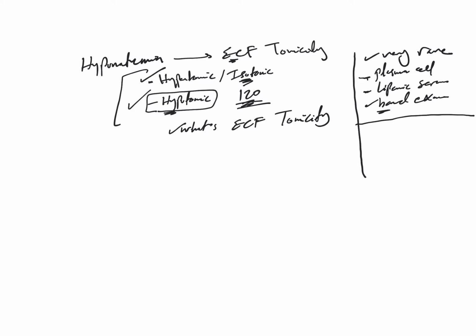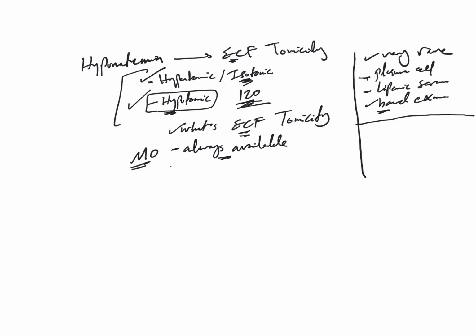Now, what's the ECF tonicity? The only way to tell is by checking measured osmolality. We're having a few problems with it. First of all, it's not always available to check, and it sometimes takes a day or two to come back, unless you are lucky and can get it right away.